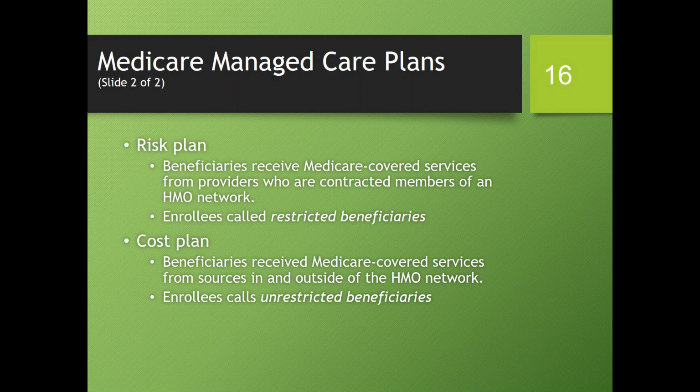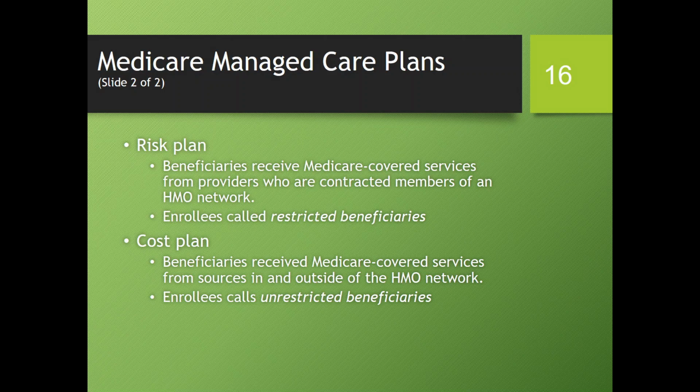For risk plan, beneficiaries receive Medicare-covered services from providers who are contracted members of an HMO network. Enrollees are called restricted beneficiaries. For cost plan, beneficiaries receive Medicare-covered services from sources in and outside of the HMO network, and enrollees are called unrestricted beneficiaries.